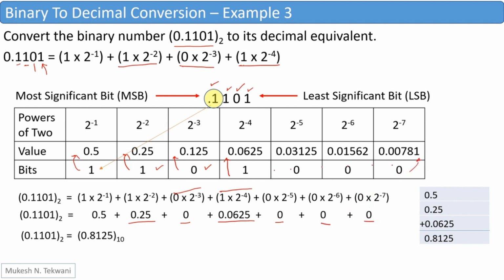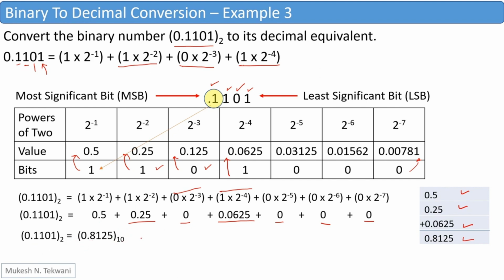When we add this we get 0.5 plus 0.25 plus 0.0625, that gives us 0.8125.